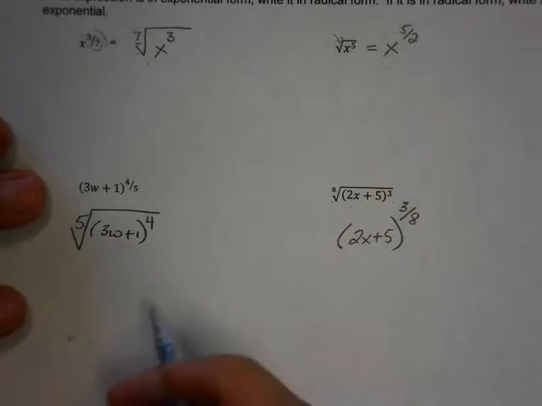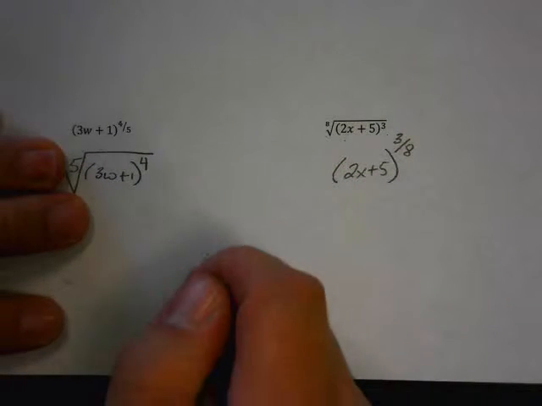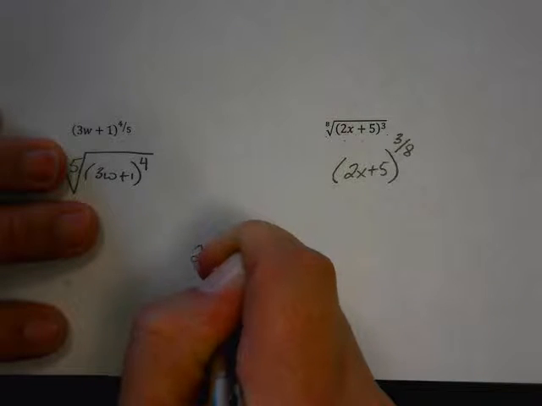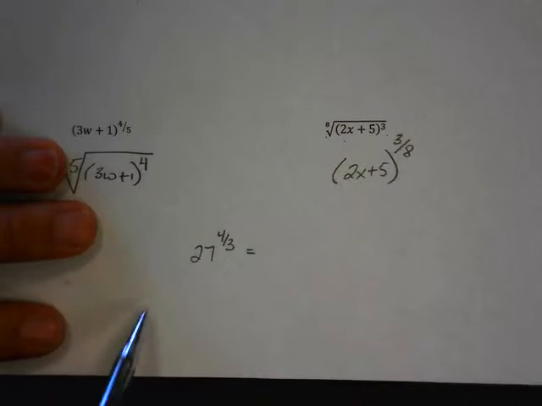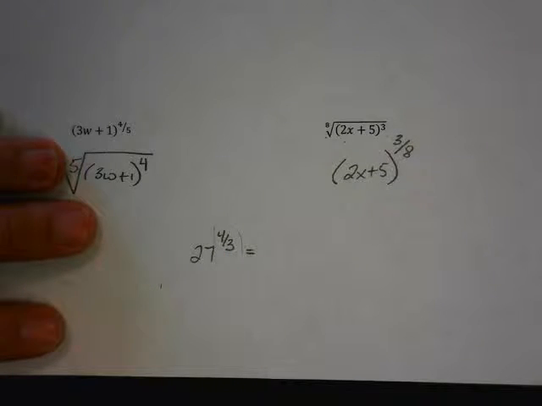Okay. So as we go through, we could always do this with numbers too, but you want to make sure, if we say, what's 27 to the 4/3, this one you could do in your calculator. Make sure you have parentheses around that exponent. But what is this really saying?